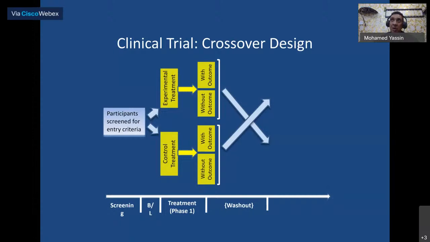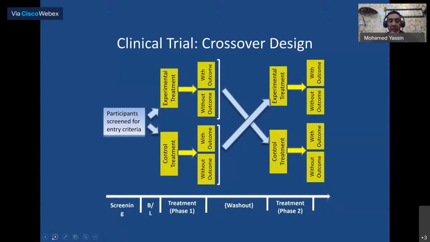So this is a little bit more complicated trial than the classical trials. And usually there are different types of factorials. The most common type is 2 by 2, which I just explained.